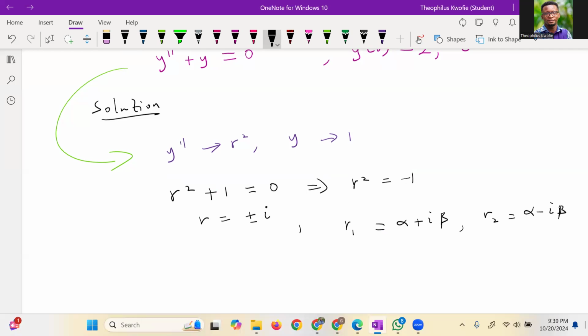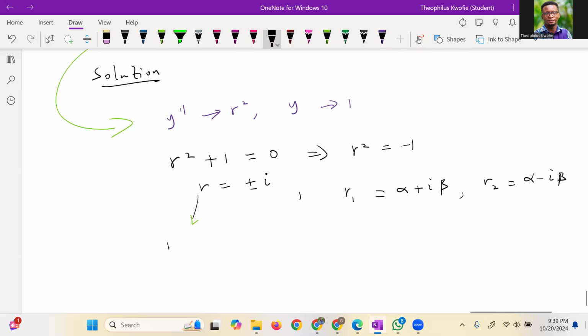Good. Now over here, let's look at the positive side. We can see that alpha is 0 over here, and your beta is just 1. Okay, so we have that, and then your R2 is equal to minus i.